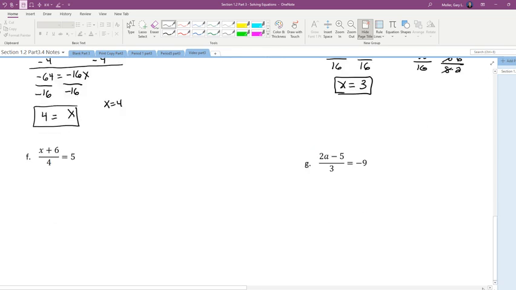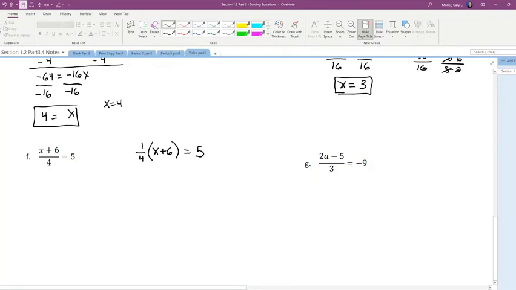All right. And here we have an interesting problem. First of all, for those of us who are more on the advanced side of things, what I want you to realize is this problem, written as it is, could also be written not as a divided by 4, but as a times a fourth. Now I'm not suggesting we do this, but I want you to know that these two problems are 100% the same.